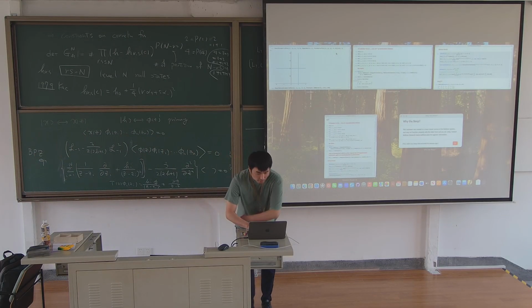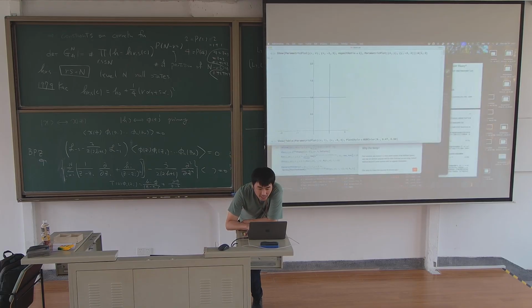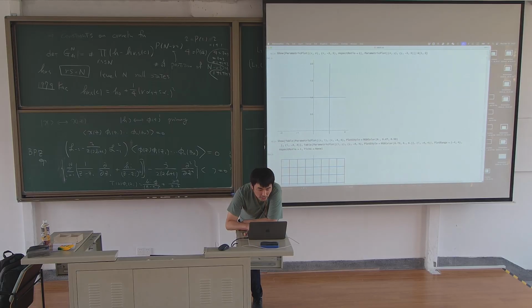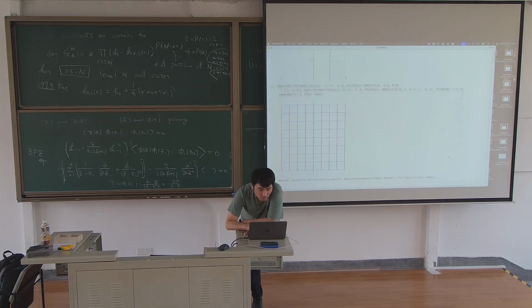First of all, I forgot to show you this conformal transformation. This is the 2D conformal transformation, the holomorphic one.